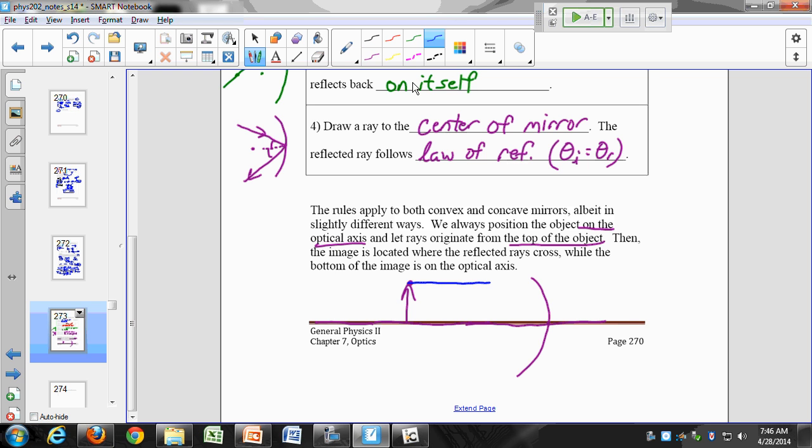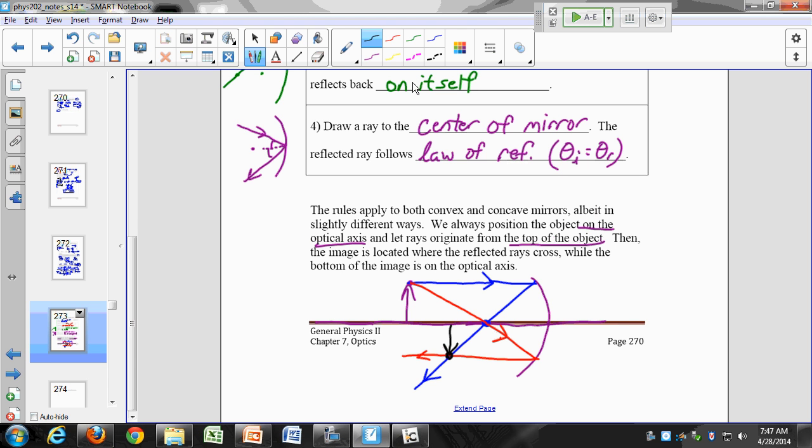I would have a ray come along parallel to the axis and go through the focal point, and another ray go through the focal point and then parallel to the axis. Where those two rays cross shows where the top of the image is.